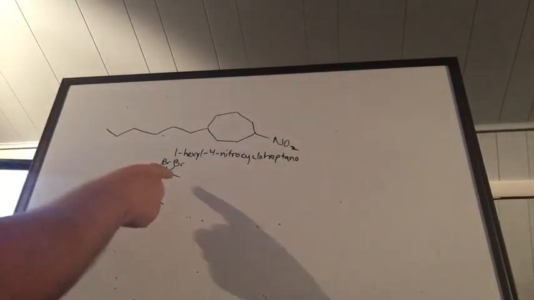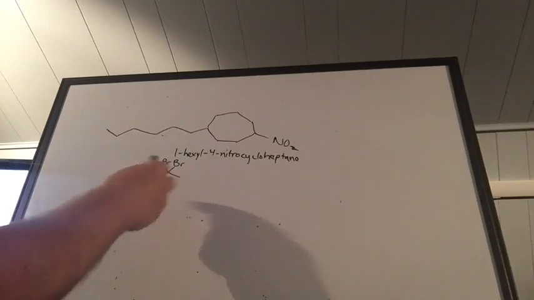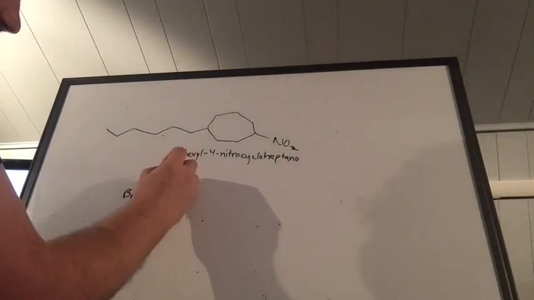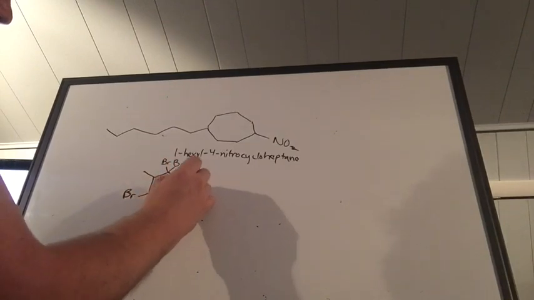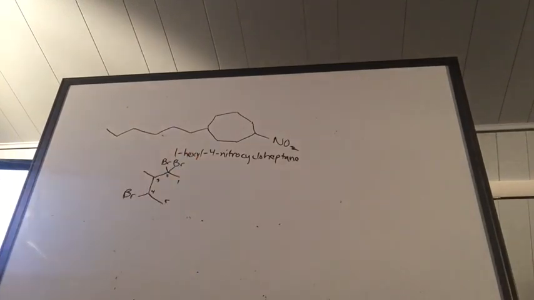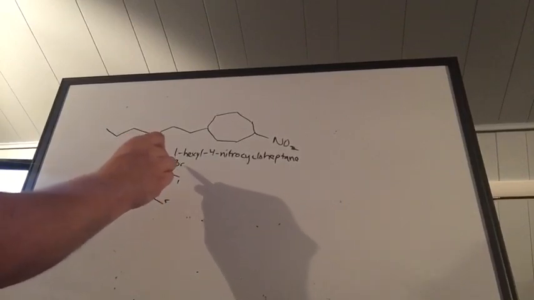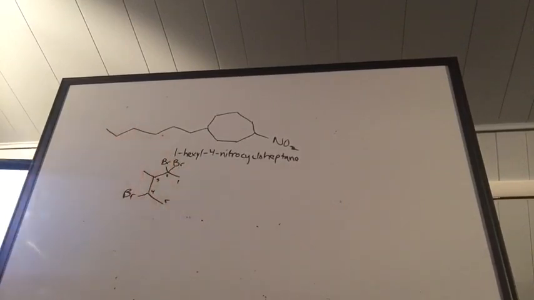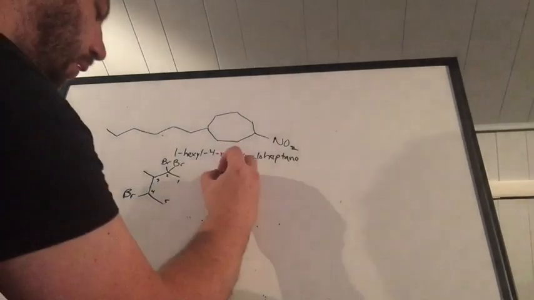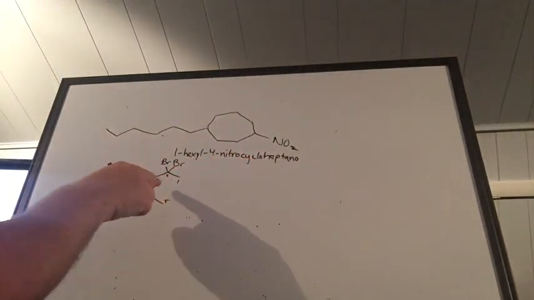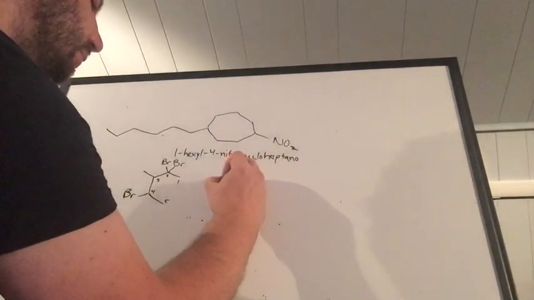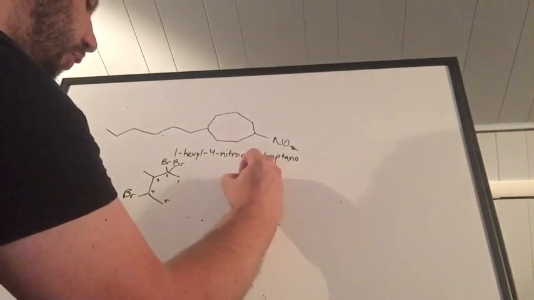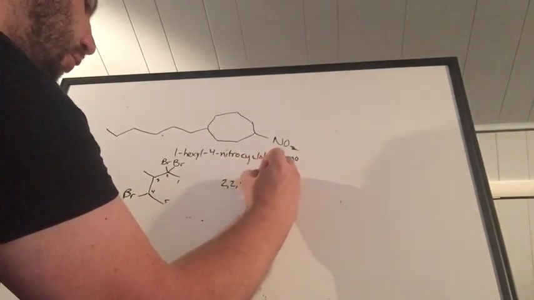I counted it correctly because we're going to go with lowest locator numbers. So you have a total of 1, 2, 3 bromo groups, so it'll be a tribromo. But it should go 2, 2, 4.